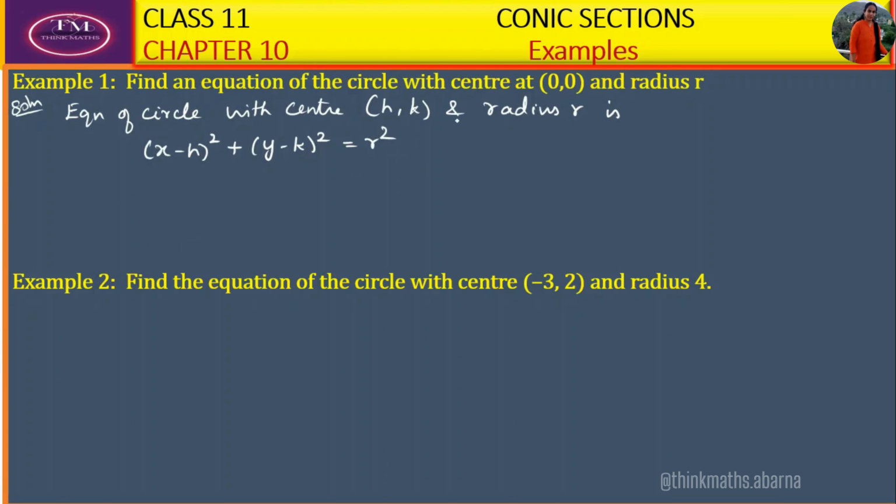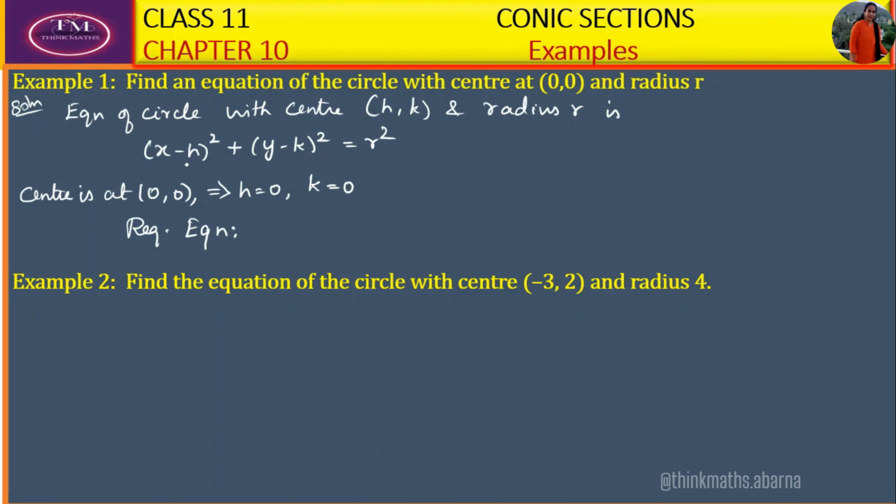Here, what is the center? The center is at 0, 0. That means h is equal to 0 and k is 0. In general, the center is denoted by h, k. So h will be equal to 0 and k will be equal to 0. Therefore, what is the required equation?